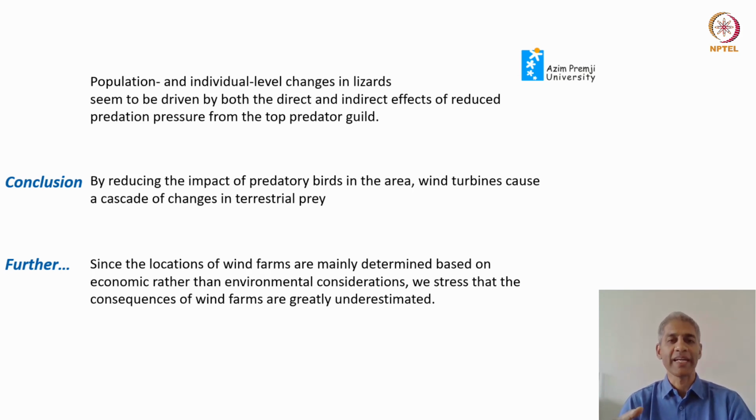So this is one way by which we can think about doing science, and in this case I should highlight that the findings were almost immediately relevant or applicable to the so-called real world.